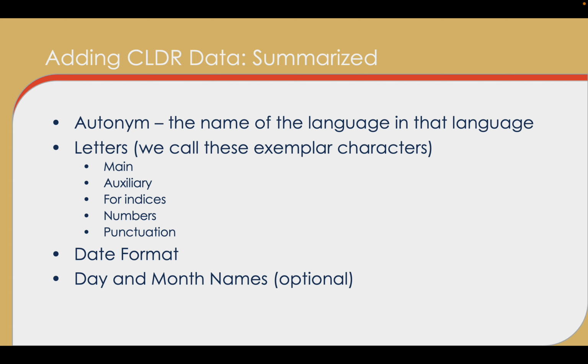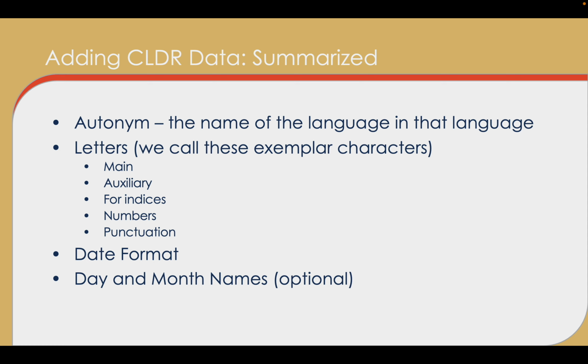So it may be the case that Cherokee is also used with English. So in the auxiliary letter grouping, you could put in the characters of English. And it's often the case that in some Cherokee text, you're inevitably also going to find some English text as well. Not too uncommon. Anyway, the auxiliary letters are the place for that.